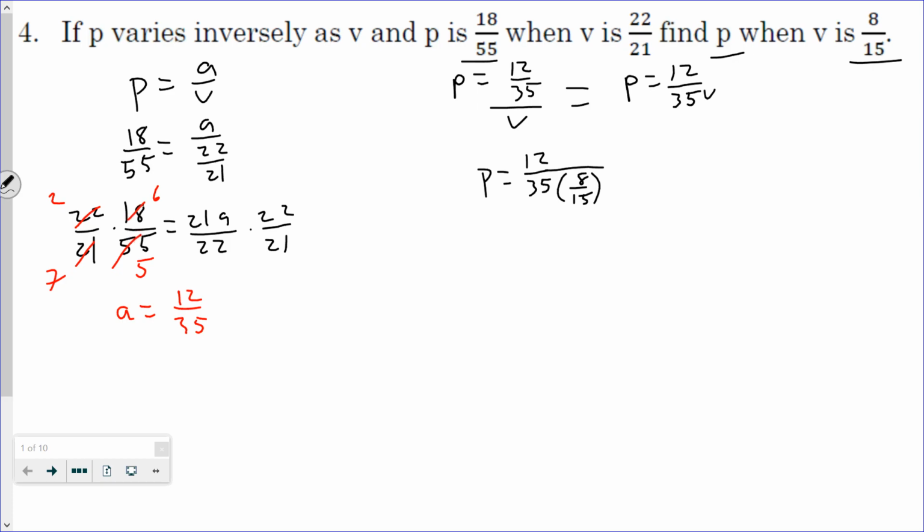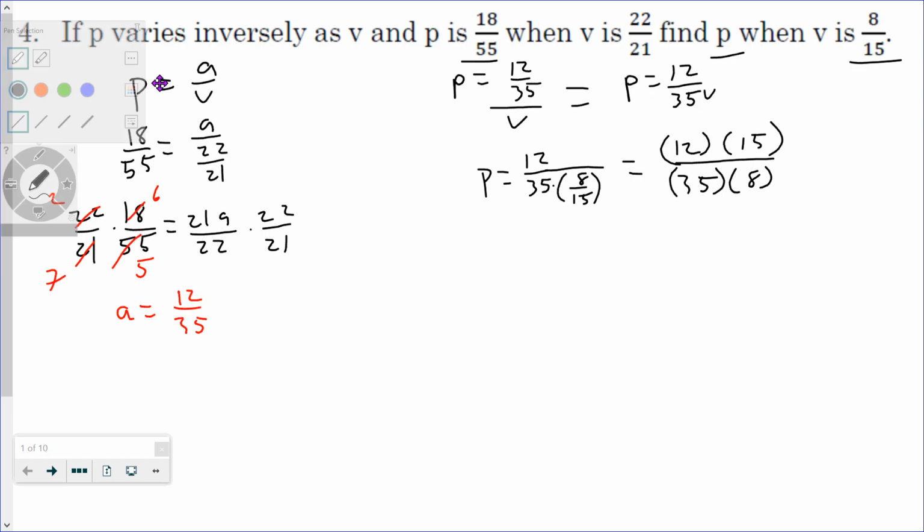Just like before, I have a fraction in the bottom, a fraction of a fraction on the bottom. So I can rewrite this as 12 times 15 all over 35 times 8. You can flip that fraction and put it on the top, and that's what I did. So 8 stays in the bottom, 15 goes to the top, and now I can just reduce this down.